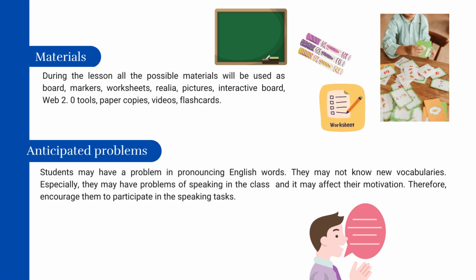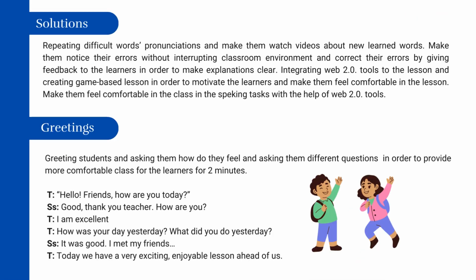And the main aim here is to encourage them to participate in speaking tasks. Solutions to these problems: repeating difficult words and pronunciations, making them watch videos about new words, making them notice their errors without interrupting the lesson flow, and giving feedback, integrating Web 2.0 tools into the lesson, and creating a game-based lesson for the learners.